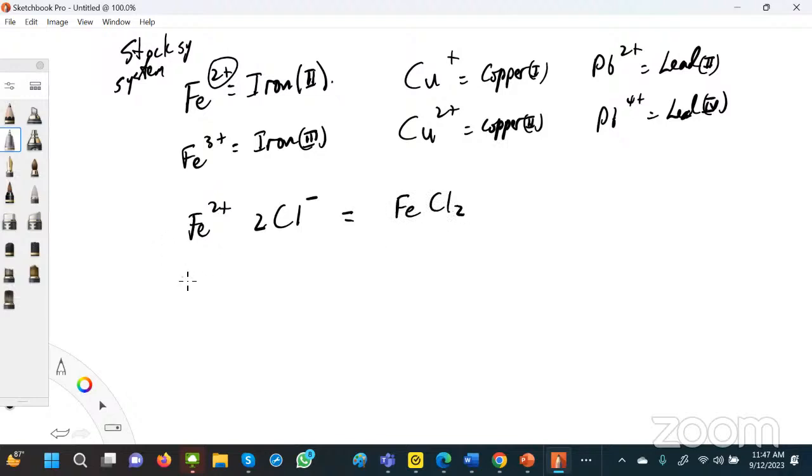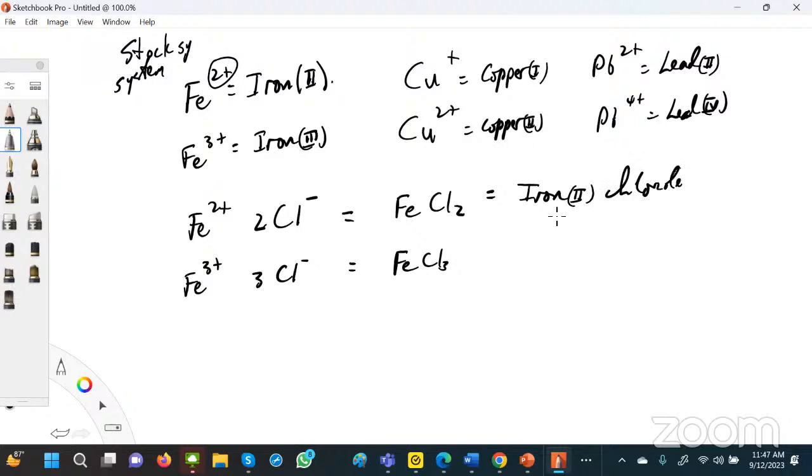On the other hand, if instead of Fe2+ you have Fe3+, then you're going to need 3 chloride ions, in which case the formula becomes FeCl3. The name of this compound is iron(II) chloride, and the name of this compound is iron(III) chloride.